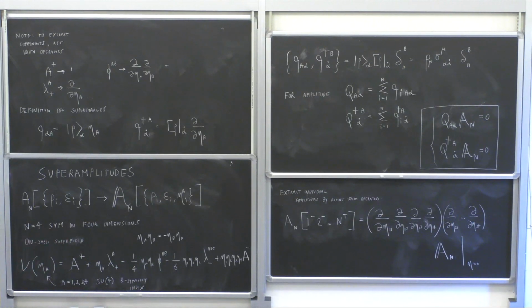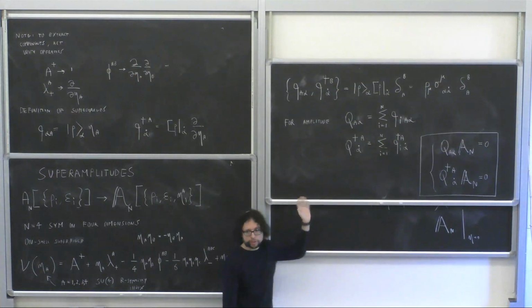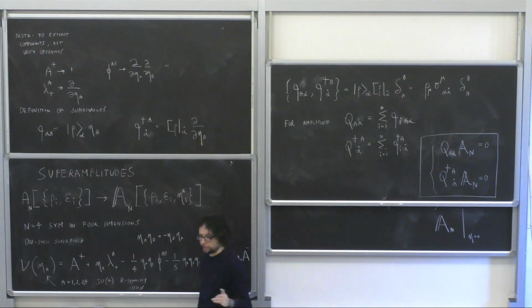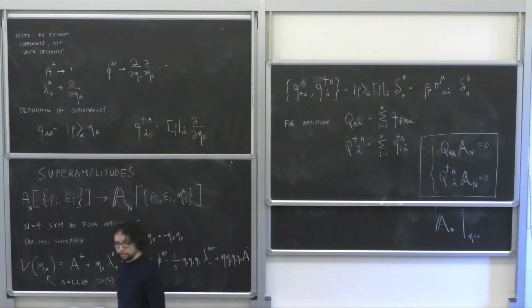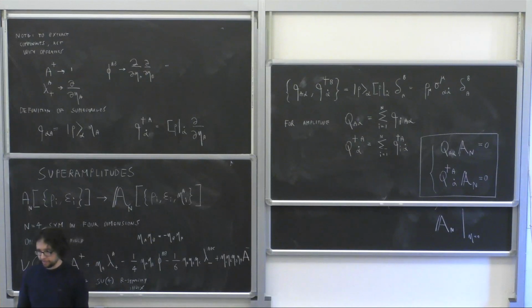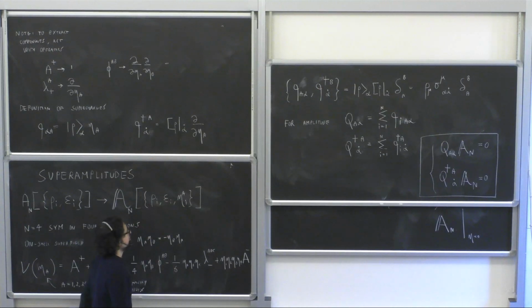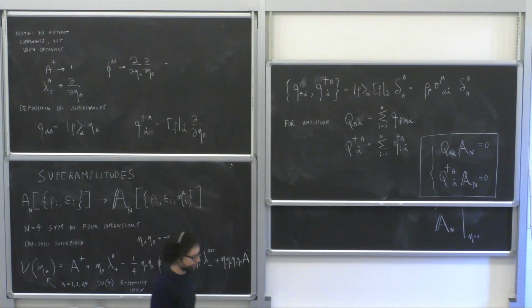Part of the story I'm trying to tell is that one of the selling points of spinor helicity is that you get very simple expressions for the supercharges out of that. So this is a hybrid of the usual superspace Grassmann variable approach to supersymmetry, and also spinor helicity, because here we are using the fundamental spinors.